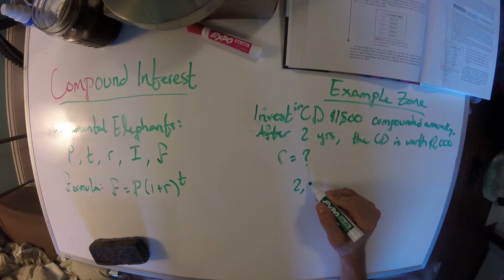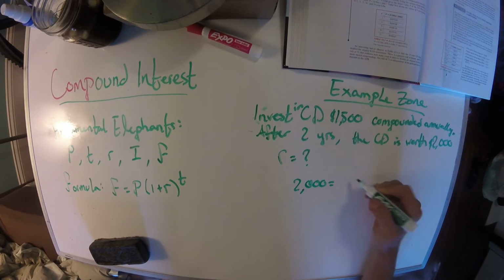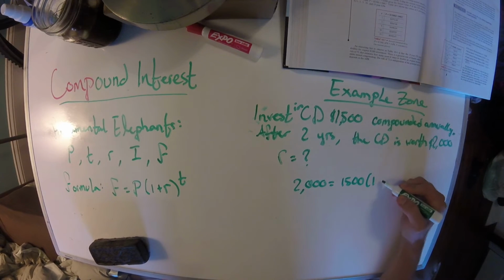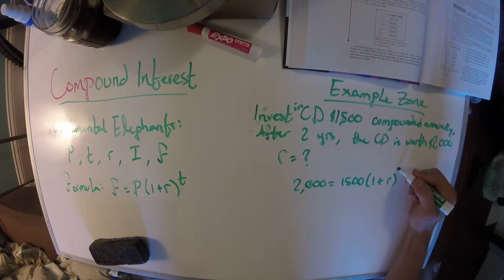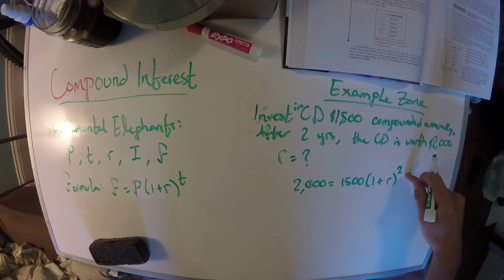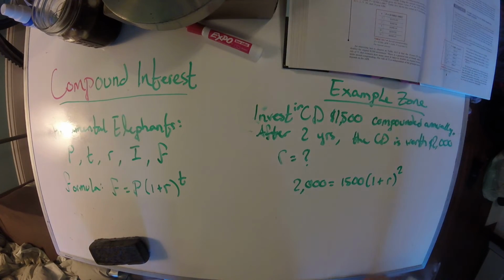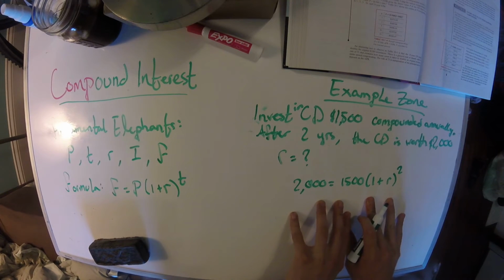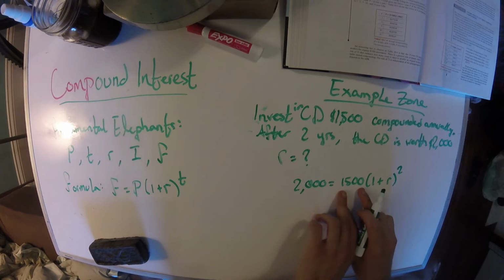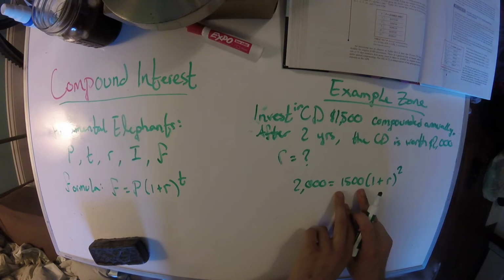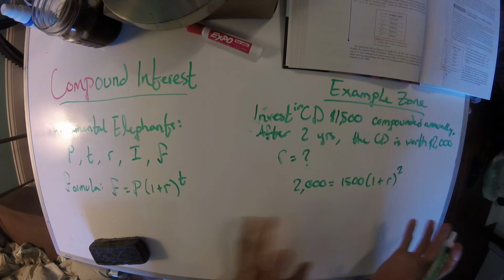So 2,000 equals 1,500 times 1 plus R, we don't know R, squared to the 2, plugging that in for T. Okay, so now let's go ahead and divide both sides by 1,500 first, because that seems like the first thing that we should do.